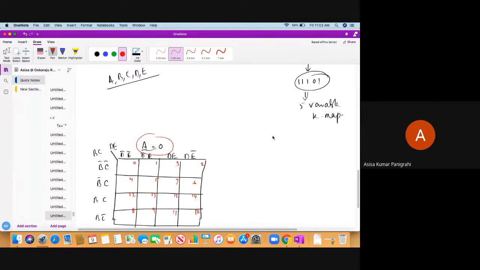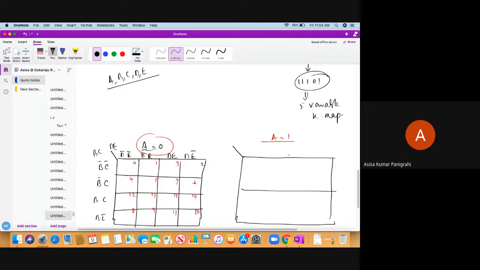For a equal to 1, because it's a 5 variable function, again we have m16 to m31. For that, I will represent another 16 cells, all starting from m16 to m31. So I can represent again with BC, only change is here a is equal to 1.